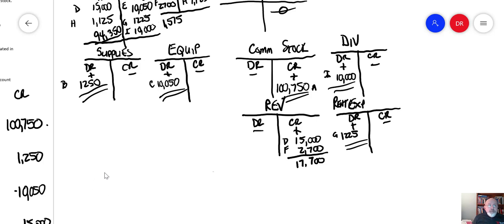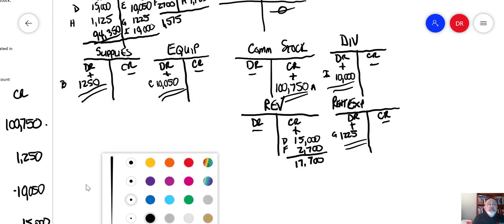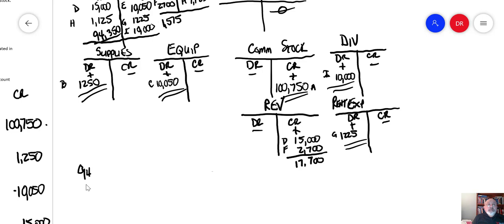The final step here is to prove that this is in balance. So what we do is we add all the assets, which includes cash of 94,350. We add 1,575 for accounts receivable, 1,250 for supplies, and 10,050 for equipment.